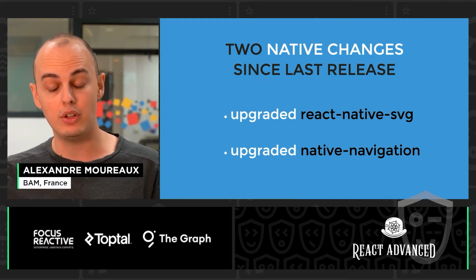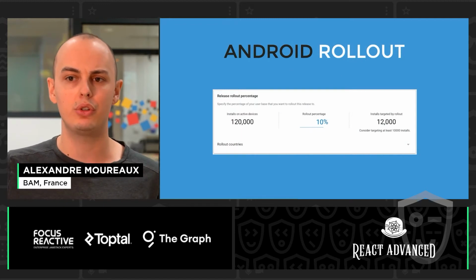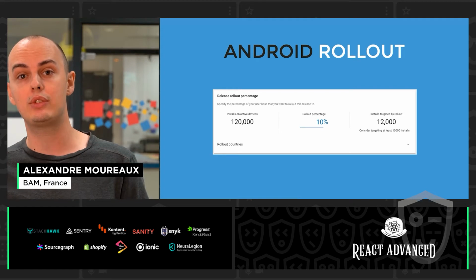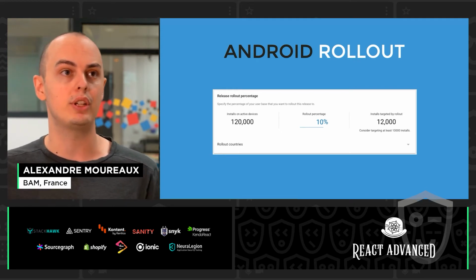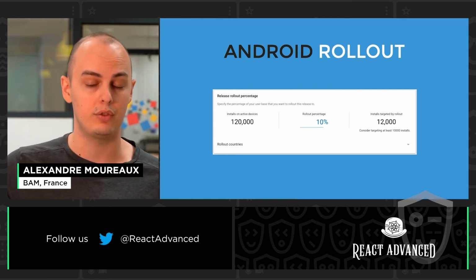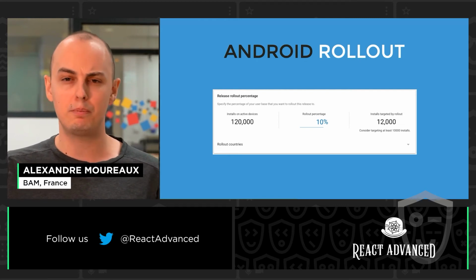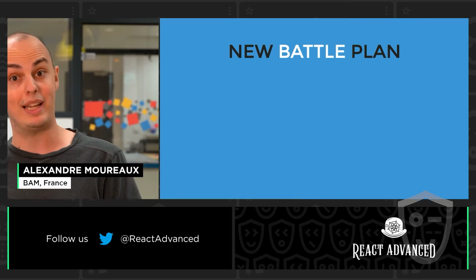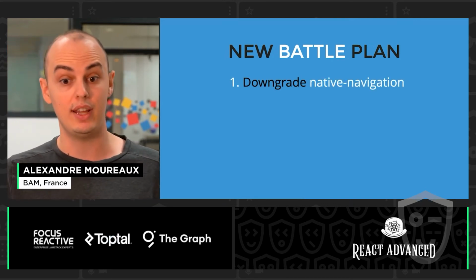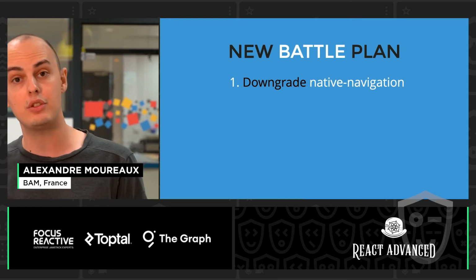So, as you may know, in the Play Store, you can actually roll out a new version of your app to only a subset of your users. So, for example, you can just roll out the new version to like 10% of your users. So that allows us to devise a new battle plan. If native navigation is actually the culprit, we can just test it out. We downgrade native navigation.